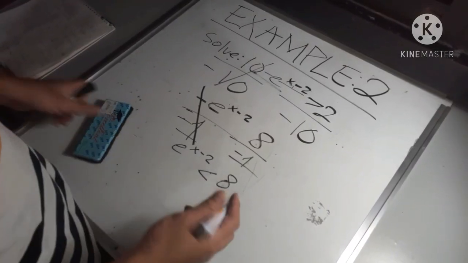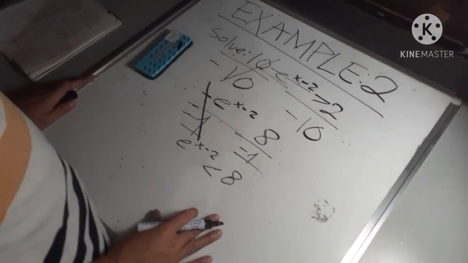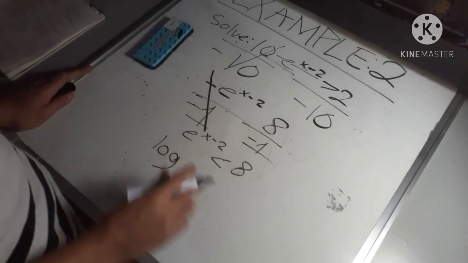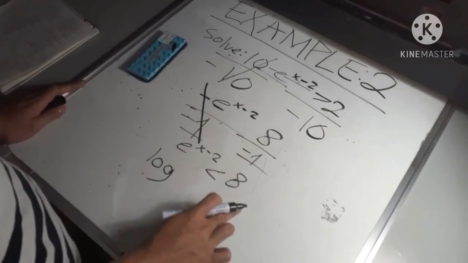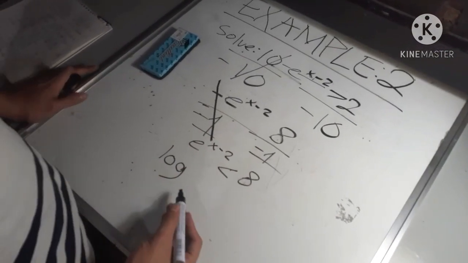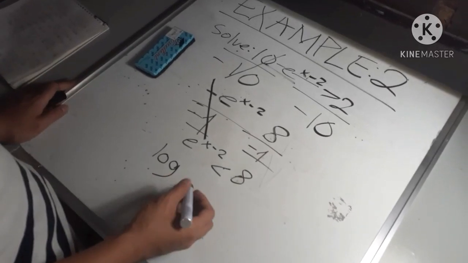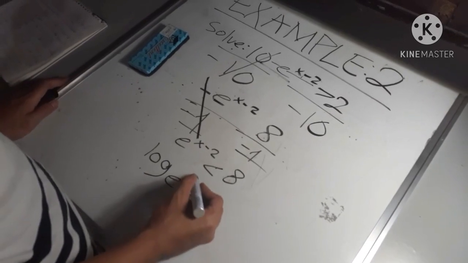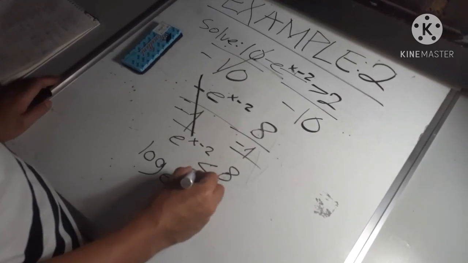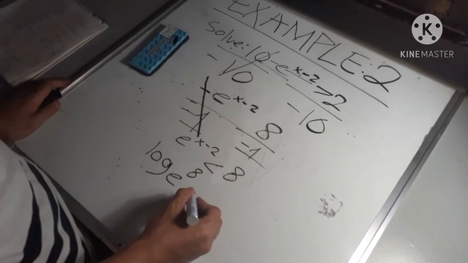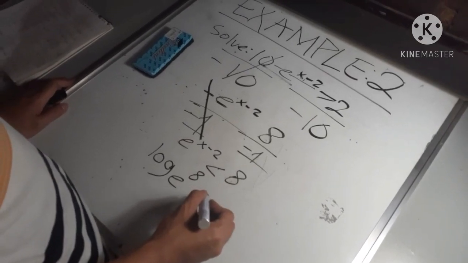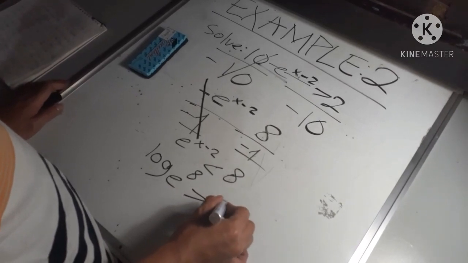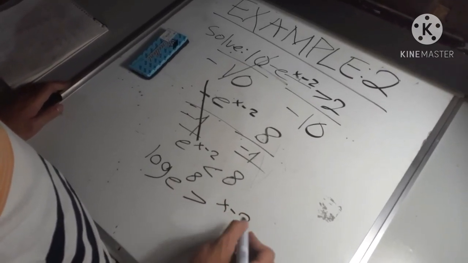The next step here is I'm going to put the word log again, and put this in here. So log, the base is e, of 8, and x minus 2.